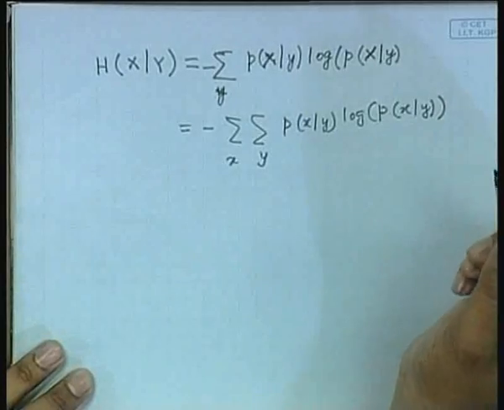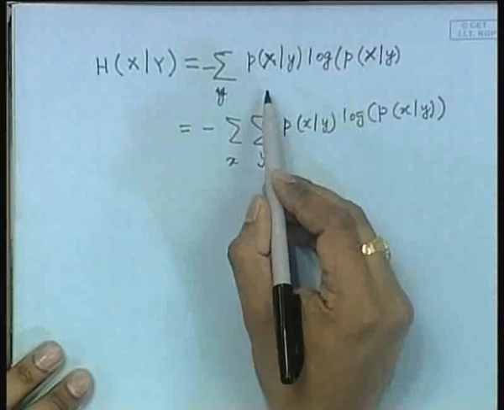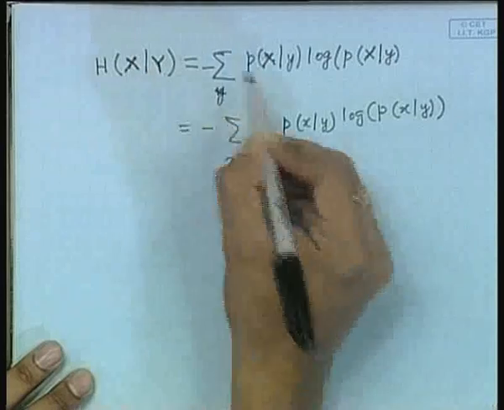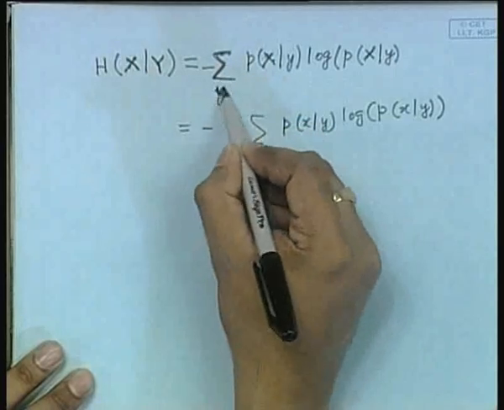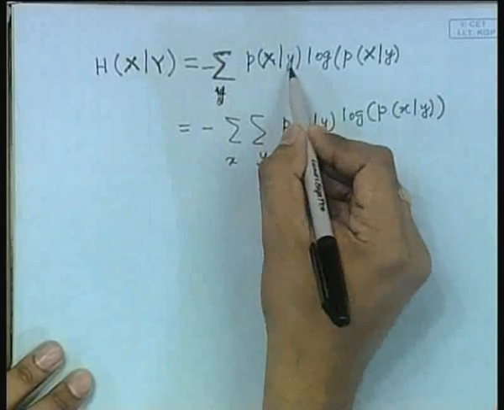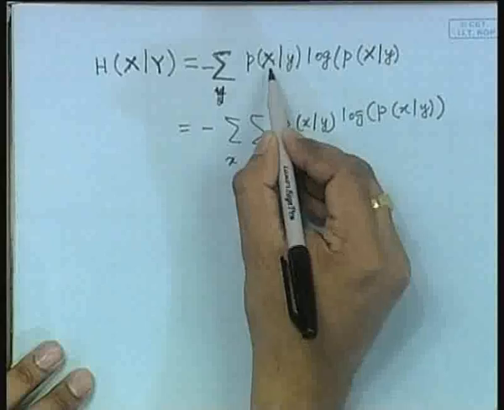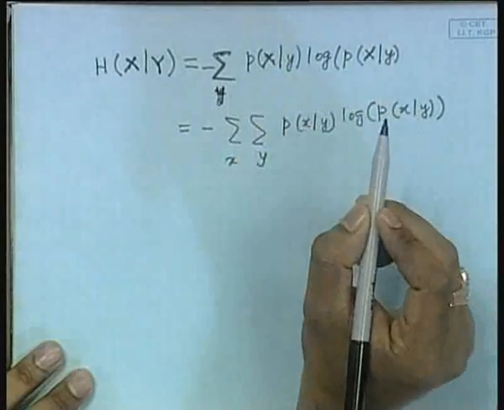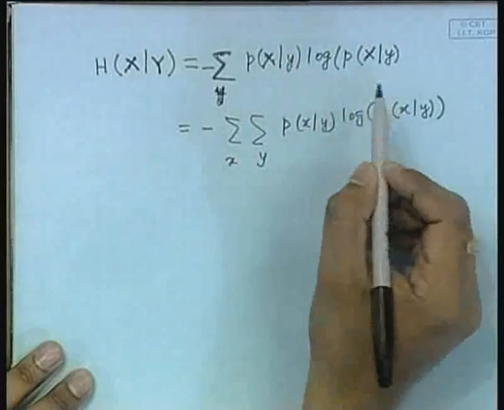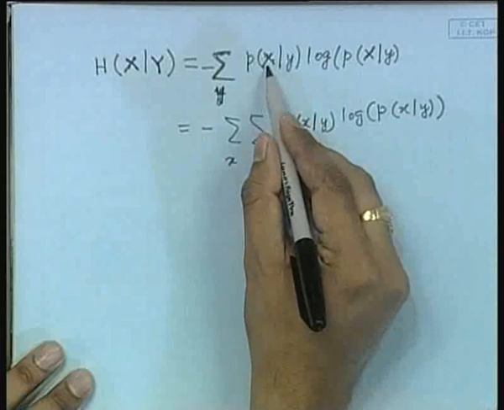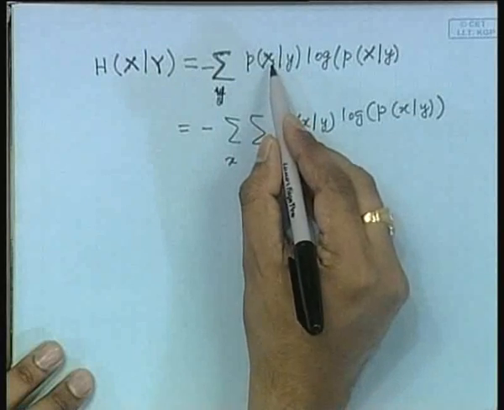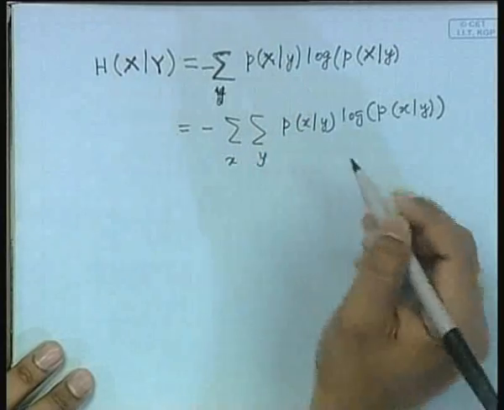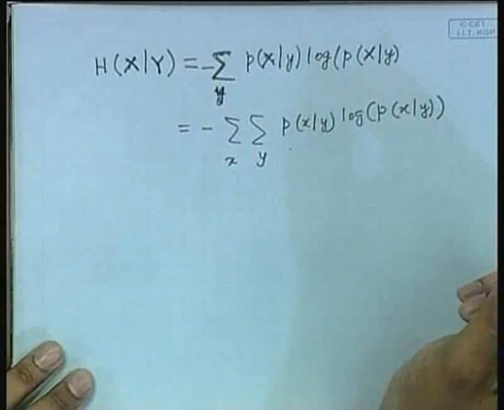Do you understand why this works? There are two random variables, X and Y. In the first sigma we have varied Y, taking the value that this random variable Y takes, say small y, and we are computing this sum. After that we are also varying the value of X, assuming this random variable X takes a value small x. So there are two sigmas, and that leads to these corresponding equations.